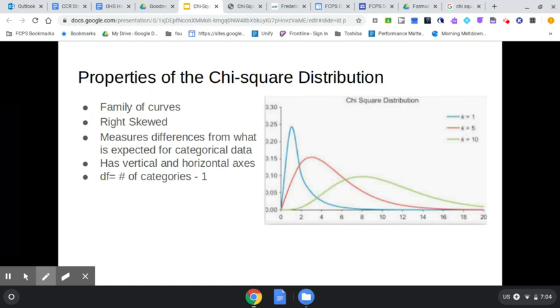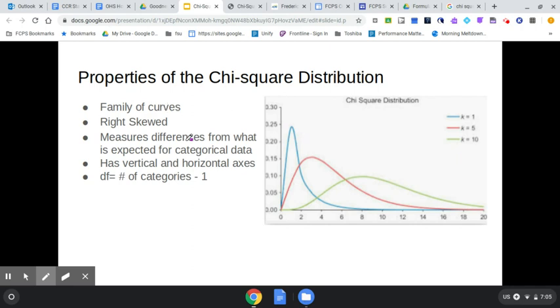But as those degrees of freedom increase, the skew gets less. So the red curve is less right skewed, but the right skew is still evident. And then for the green curve, it is even less right skewed. It's looking more like a normal curve, but it never really reaches a normal shape. Okay, so it stays right skewed the entire time.